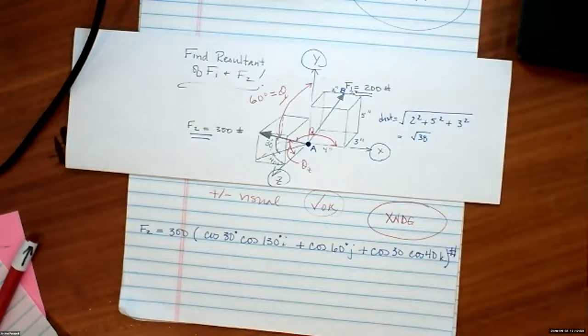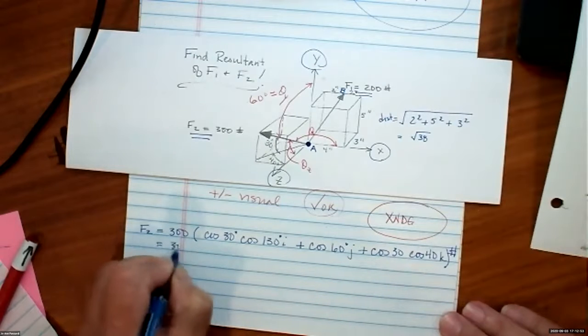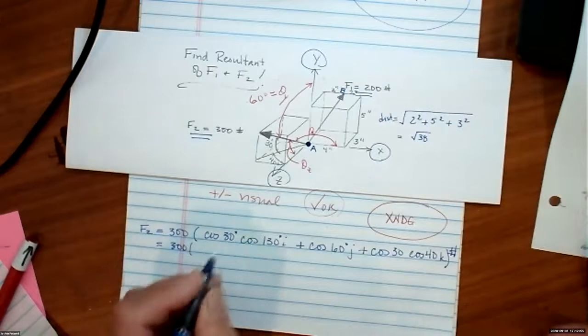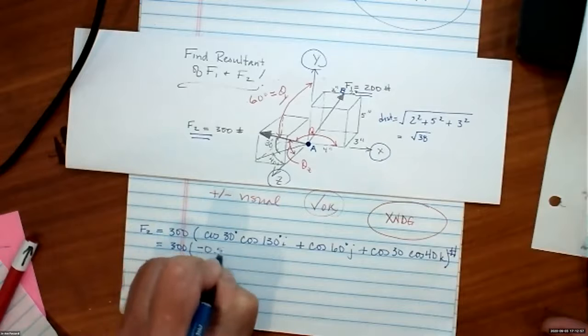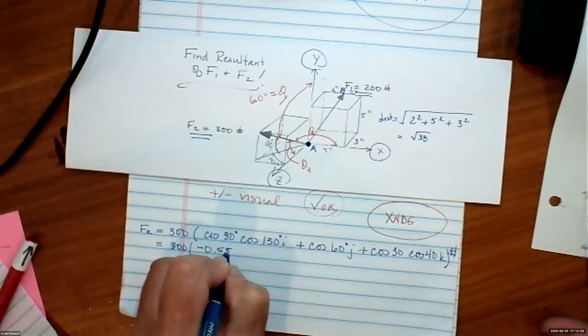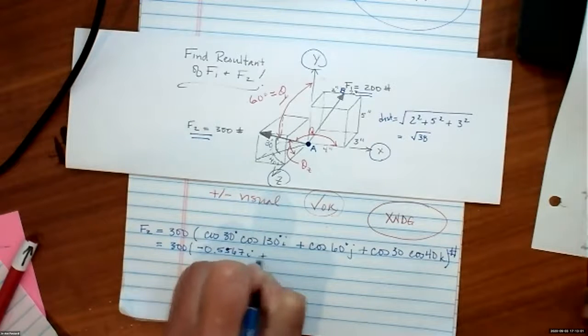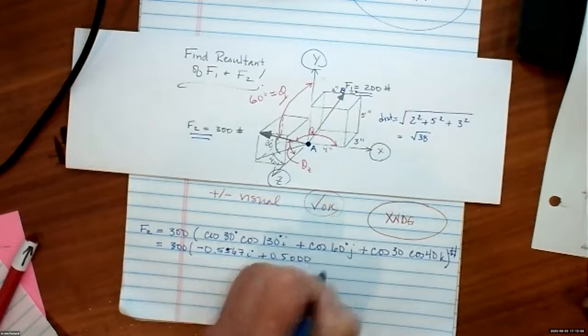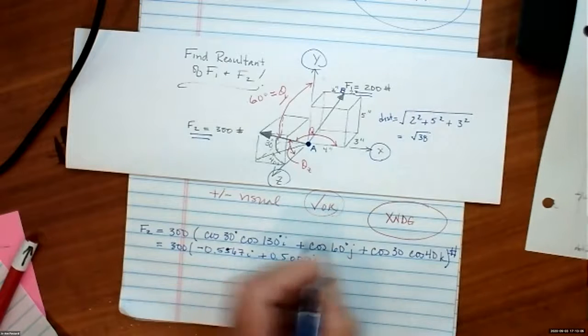Okay, and we're looking at pounds. My second step is I set it up with the unit vector. It turns out to be negative 0.5567i plus 0.5j plus 0.6634k. Remember, unit vectors are supposed to be 4 decimal places.